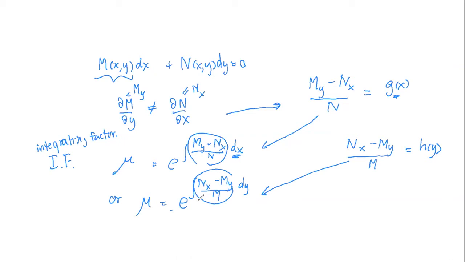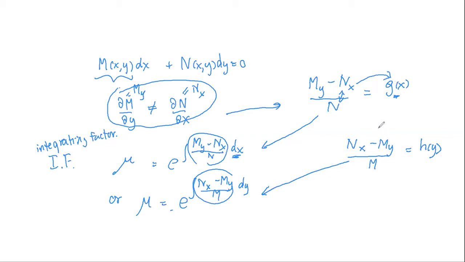It's kind of confusing, right? So here's the tip. You have to check this step no matter what. Start with one way: subtract M_y minus N_x, divide by N, and that term must be in terms of x after simplifying.